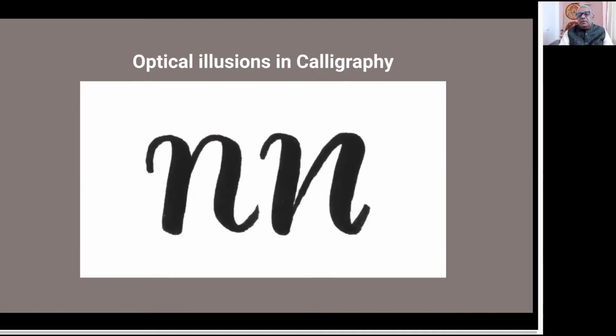And if you look at certain other design decisions taken in brush pen calligraphy, there are a lot of deliberate decisions to improve the legibility of each letter. For example, N and U can be very confusing.